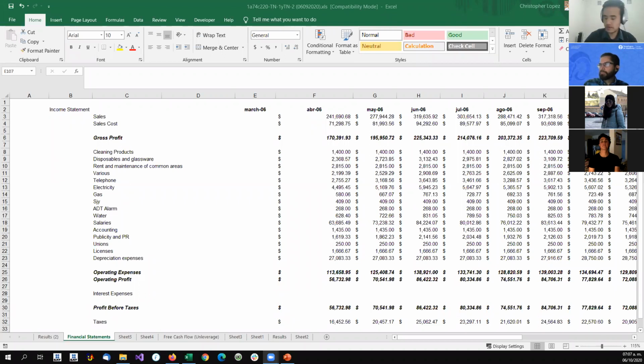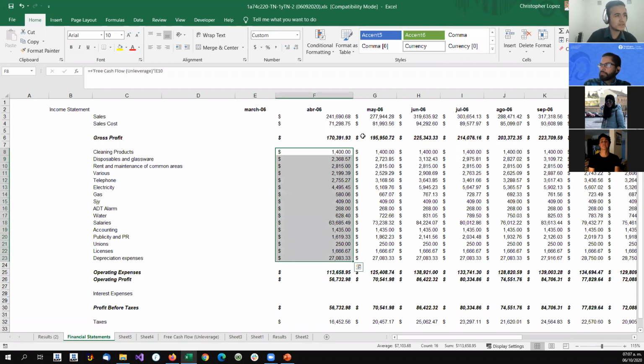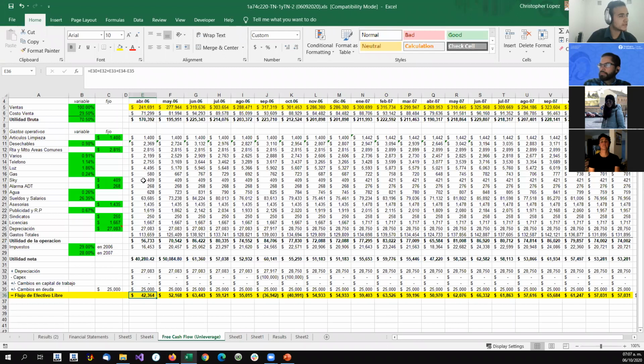So first off, the first thing we need to check is how we are going to be registering the expenses. Now remember, these are monthly expenses. So the expenses that you find in the case scenario that are fixed, that is there is a fixed amount of money being taken out of the company each month.